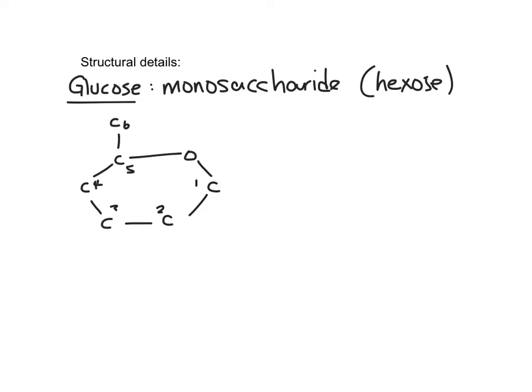So you start counting from the oxygen, and off of each carbon is a hydroxyl group. And OH, and then there's the H's that go off of it as well. But I'm not going to sketch in the H's.